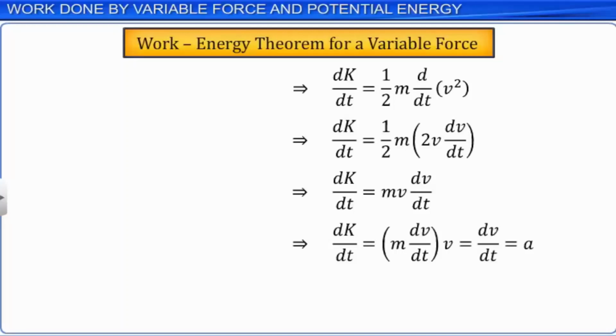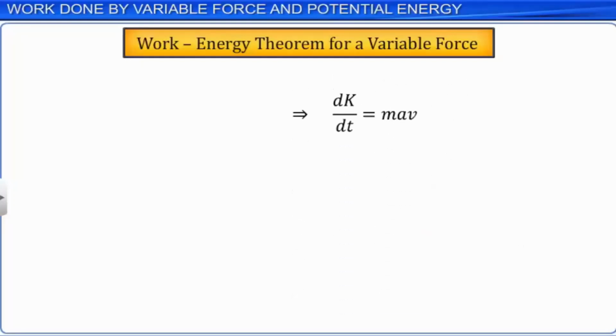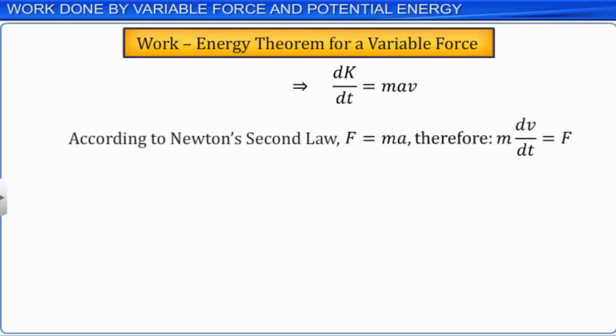On the right side of the equation, we know that dv by dt is the rate of change of velocity, which is the acceleration of the body. Thus, we get dK by dt equals mav. However, according to Newton's second law, F equals ma.